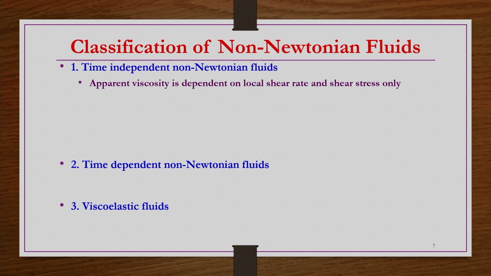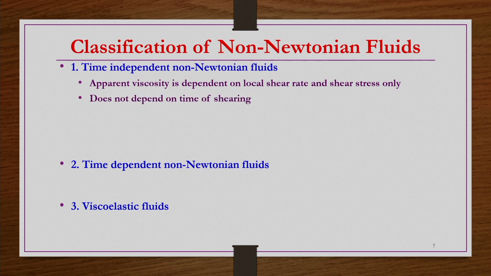If we see some more details about these, as I mentioned, for time independent non-Newtonian fluids, the apparent viscosity depends on the local shear rate and shear stress only. That apparent viscosity changes with the value of the shear rate, but it does not change with the duration of shearing.